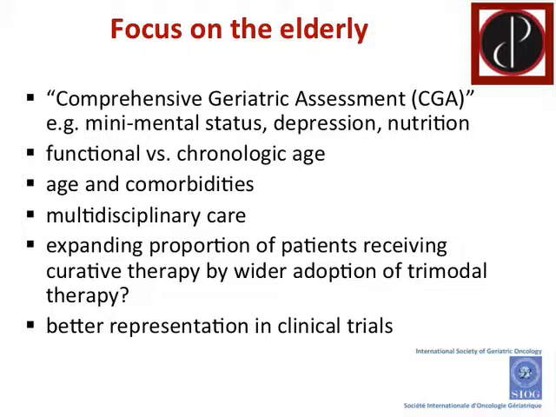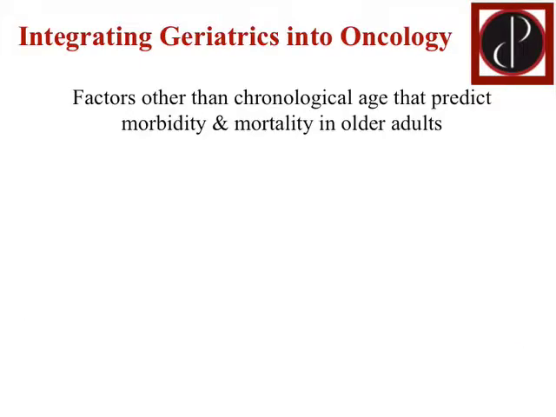Also, what is the difference between functional and chronological age, comorbidities, multidisciplinary care, and also we should expand the proportion of patients receiving trimodal therapy, and we need better representation in clinical trials. So integrating geriatrics into oncology is actually about factors other than chronological age that predict morbidity and mortality in older patients.